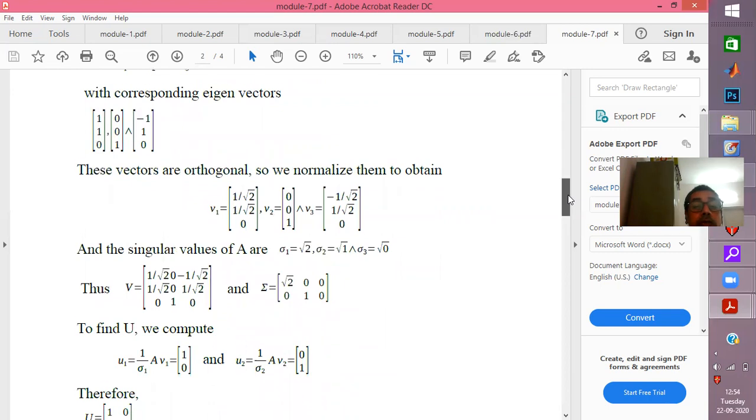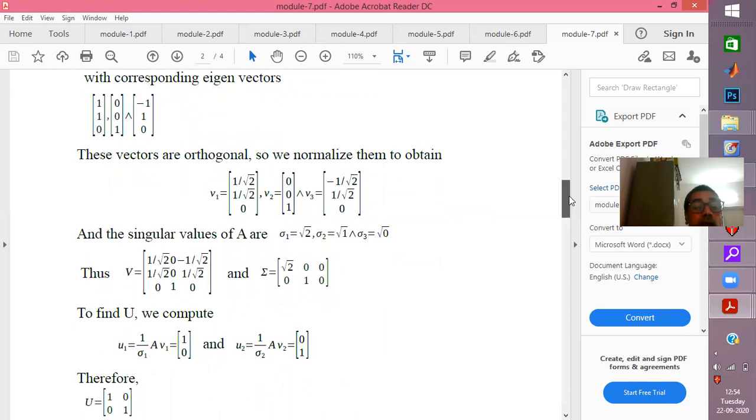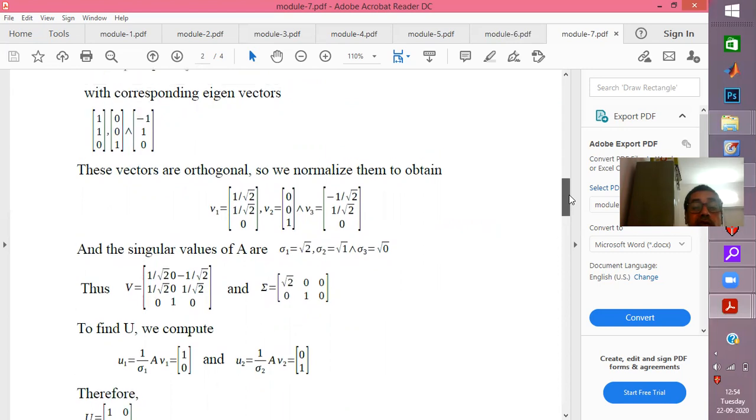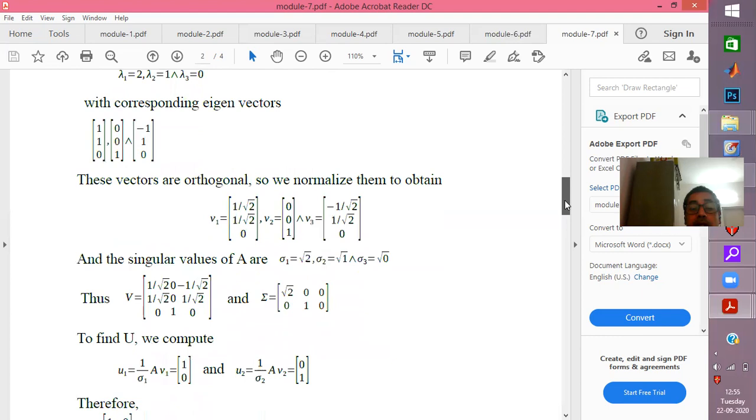Then you normalize them into unit vectors. The singular values of A will be the square roots of the eigenvalues of A transpose A. Because 2, 1, 0 happen to be the eigenvalues, take the square roots, you'll get root 2, 1, and 0. Once this is done, we can quickly build the sigma matrix.